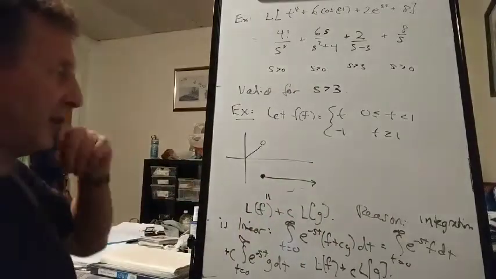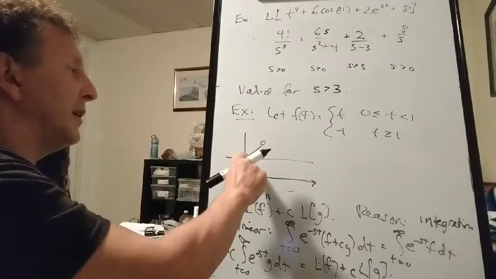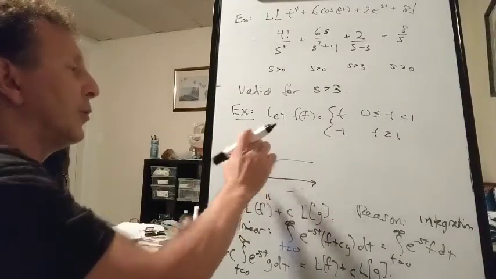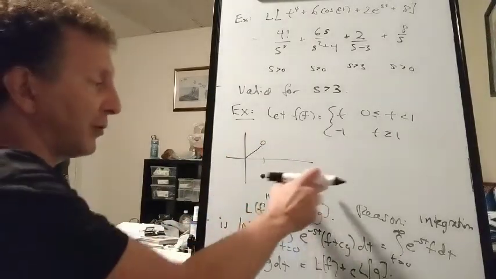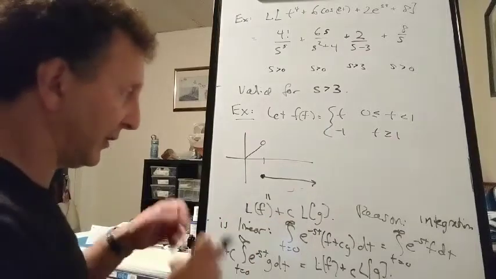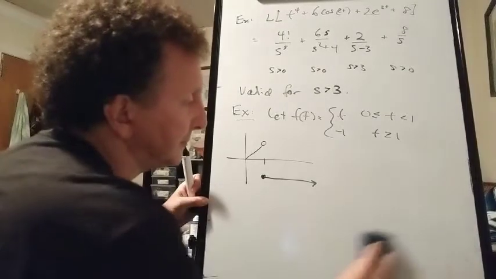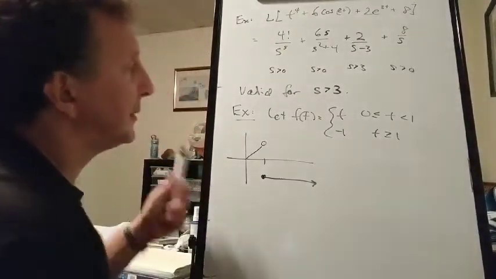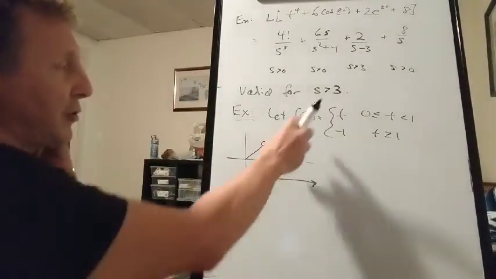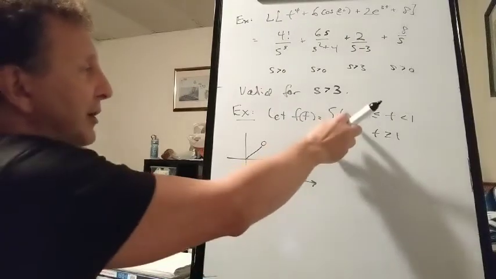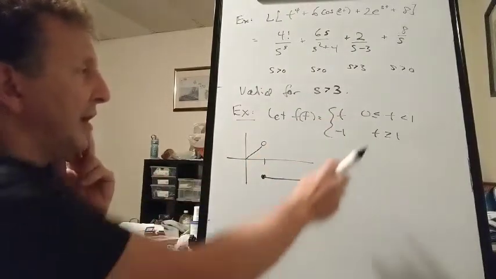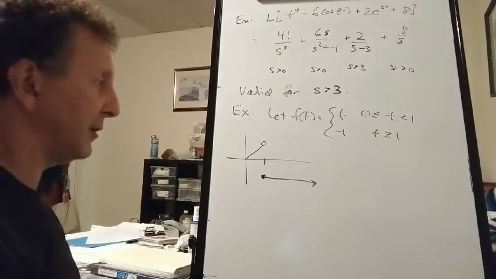There's no infinite discontinuities. We've got an interval here from 0 to 1 where the function is continuous, and then from 1 to infinity the function is continuous again. Now when we integrate this from 0 to infinity, we have to integrate one function from 0 to 1 and another function from 1 to infinity.